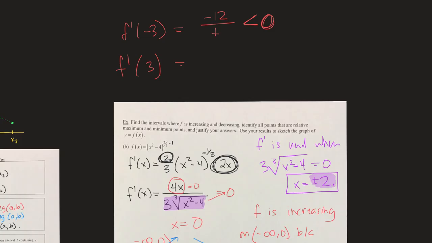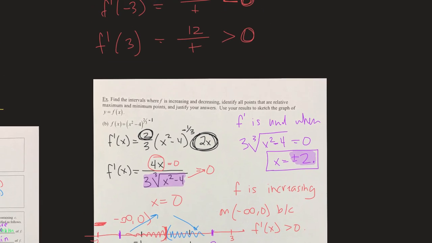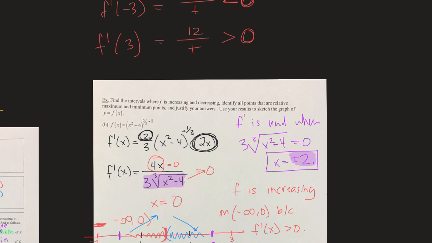And if we plug in a +3, that's a +12 over a positive, which is going to be a positive. So yes, we are changing our intervals here.